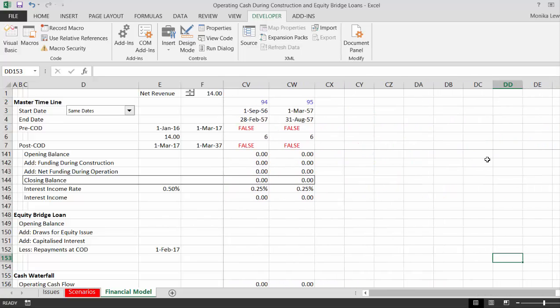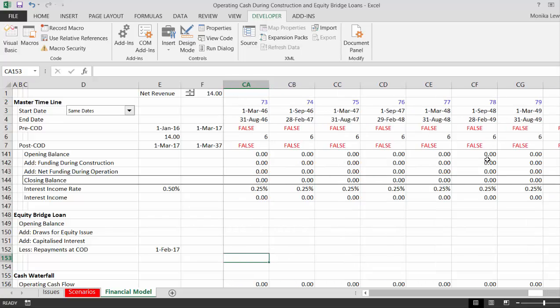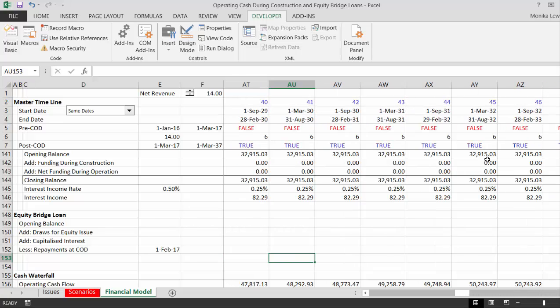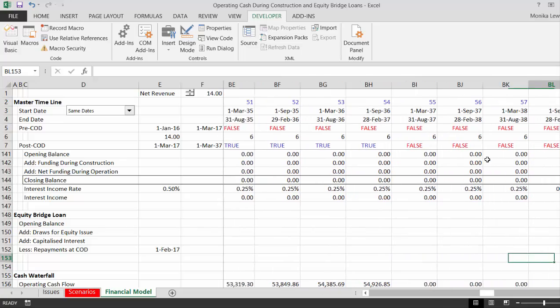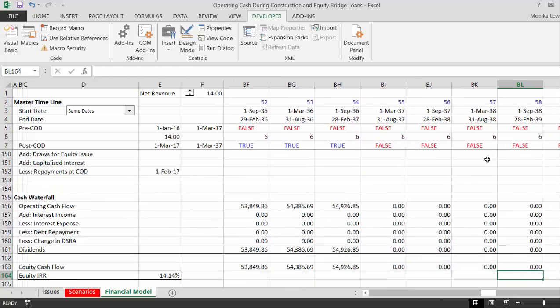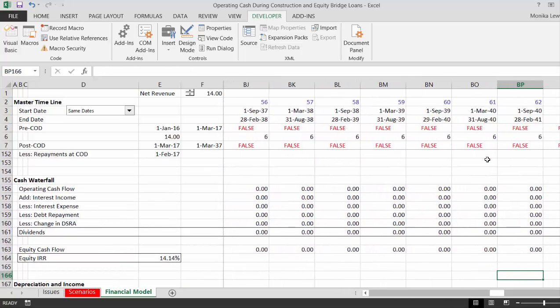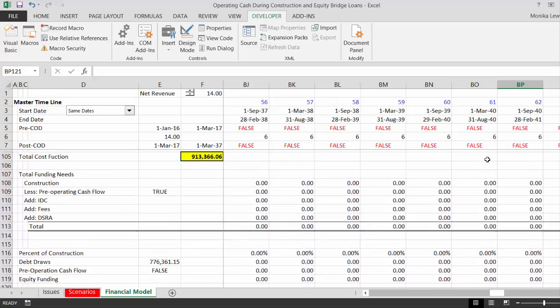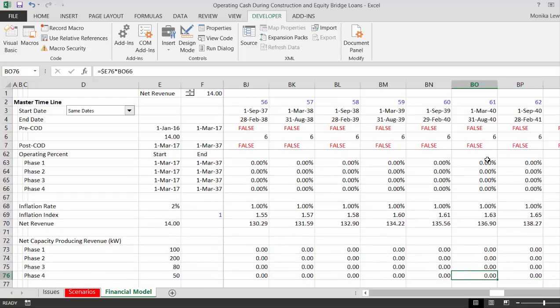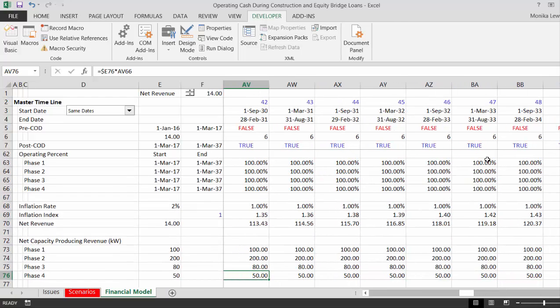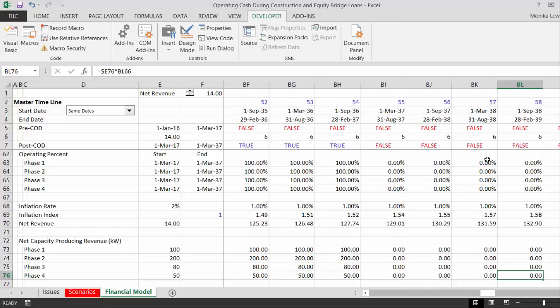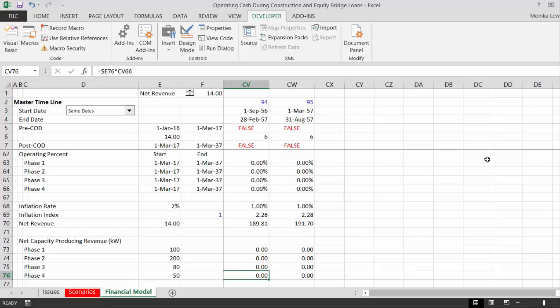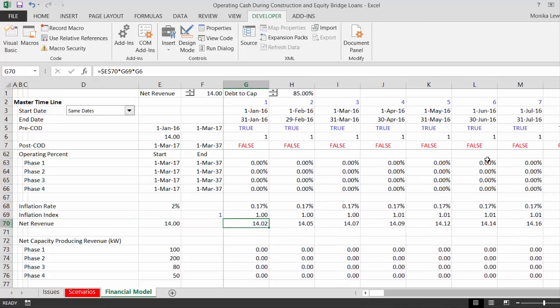Oh, I still have way too many columns, don't we? Maybe we can make this less painful. Where's the net revenue? It stops here. Uh-oh. Where's the net revenue?